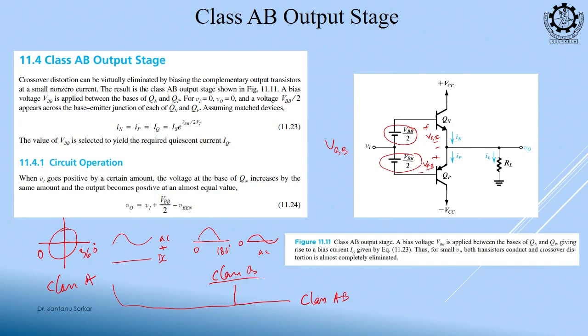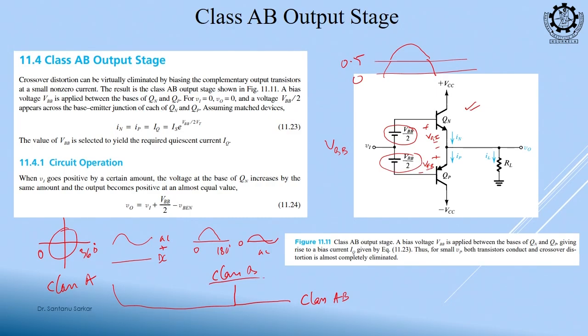What is the meaning? If your input is above 0.5, you know that this transistor will be on. The main problem was when the input was between 0 and 0.5 or something like that. So, this extra voltage will take care of that problem.